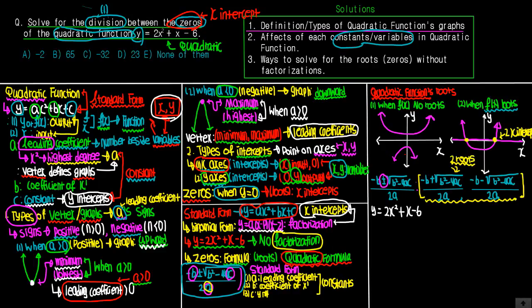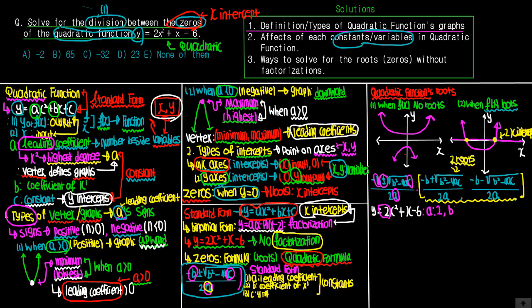So in order to apply our quadratic formula, we need to know what a, b, and c are in our quadratic function. Firstly, our a value, which is our leading coefficient, will be the term in front of our leading term x squared, positive 2.